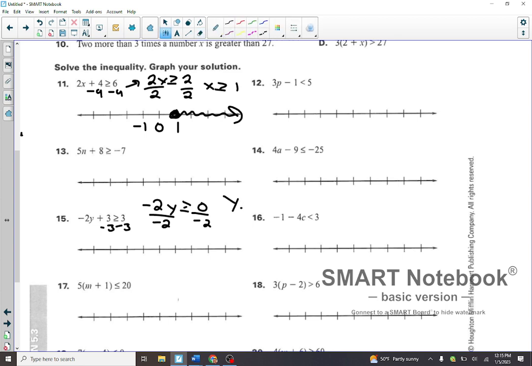But because I divided by a negative, I have to flip the sign. You can't divide by 0, but I didn't divide by a 0. I divided a 0. Different things. So it's y is less than or equal to 0. You have to flip the sign, even though the number did not change at all. 0, 1, negative 1. This one is actually on 0 itself. And then y is smaller, so go to the left.